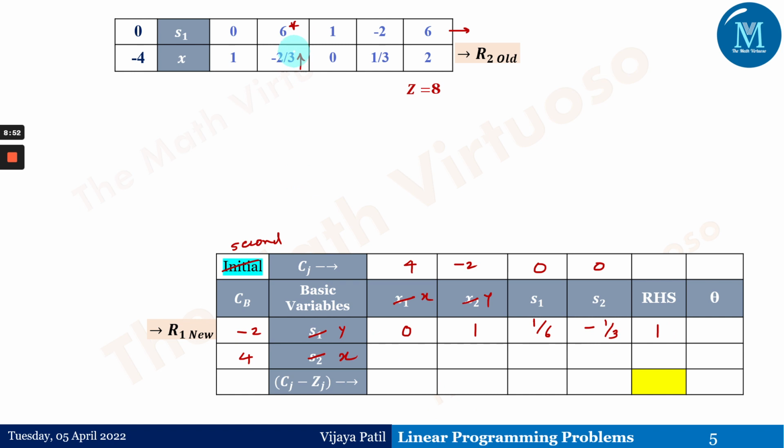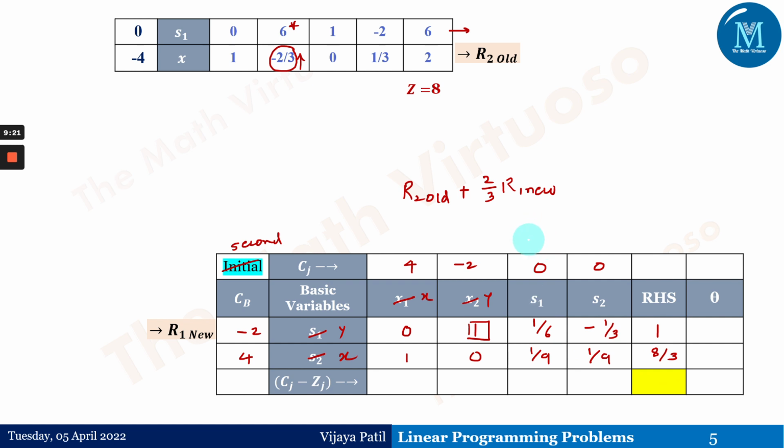Now to get this 2, minus 2 by 3, 0 using this 1, the transformation works as R2 old plus 2 by 3 times R1 new, because it's already minus. So this R1 new row becomes 1, 0, 1 by 9, 1 by 9, and this is 8 by 3.